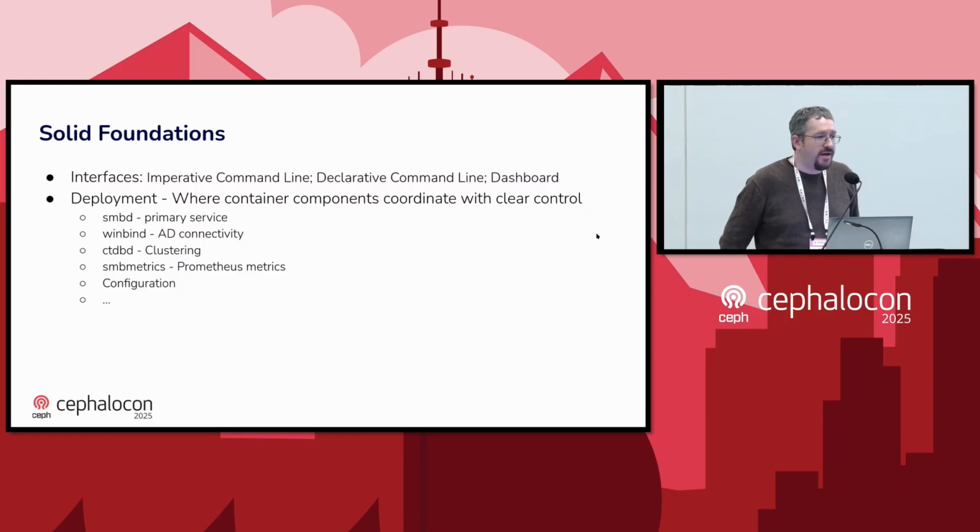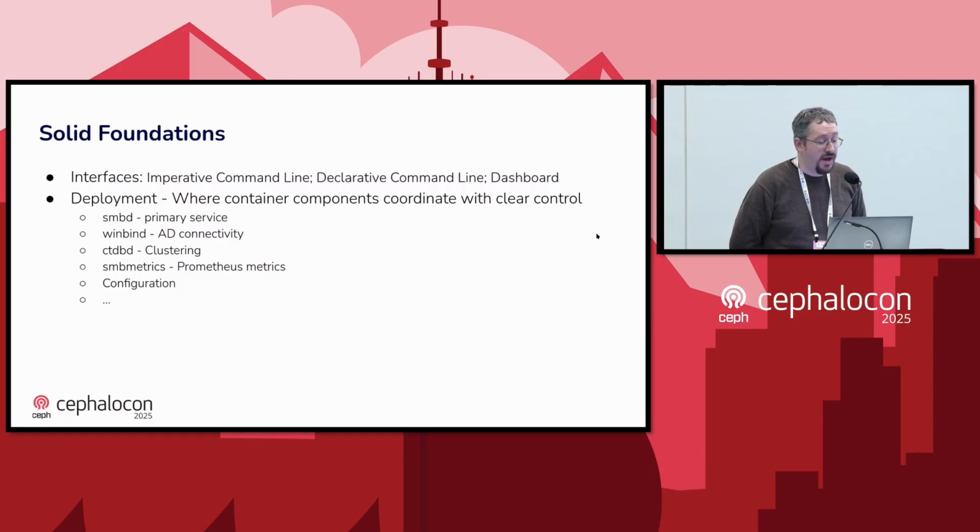But we don't just have clean layering inside of our command line. We try to have that on our back end as well. We're one of the few components in Ceph that uses the sidecar model, where each daemon is deployed in its own container, and then those containers are wired together as needed. Our primary container is SMBD, the main SMB component of Samba.